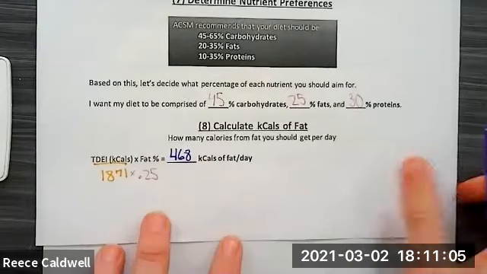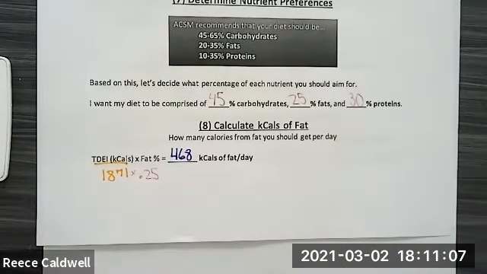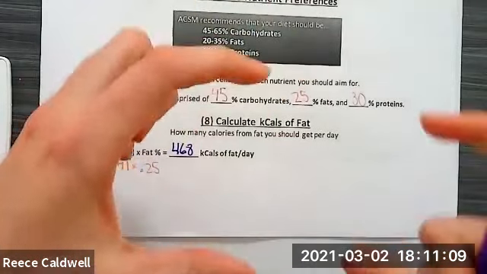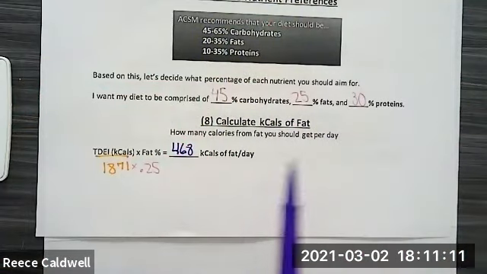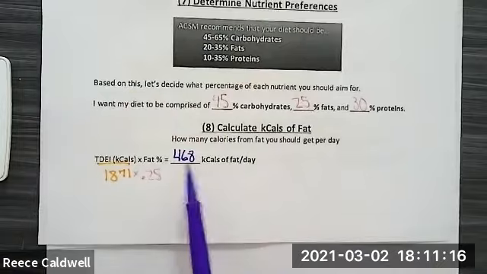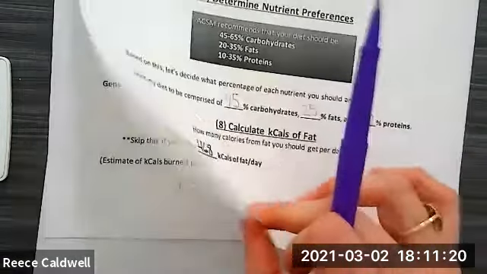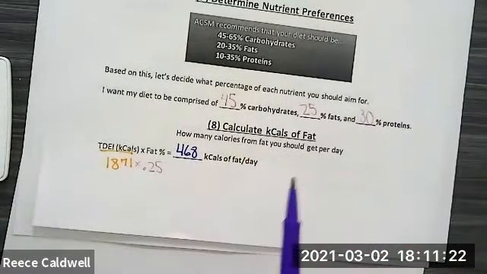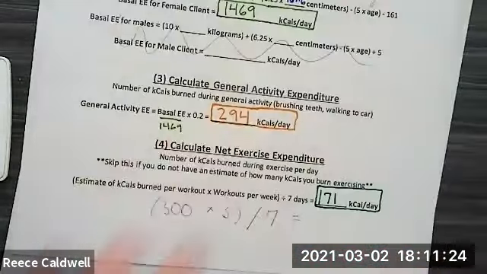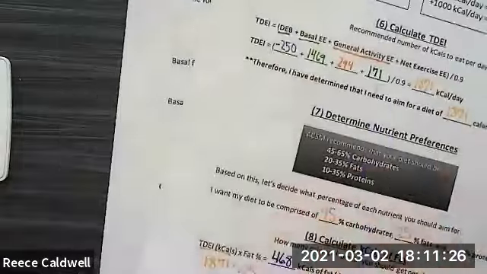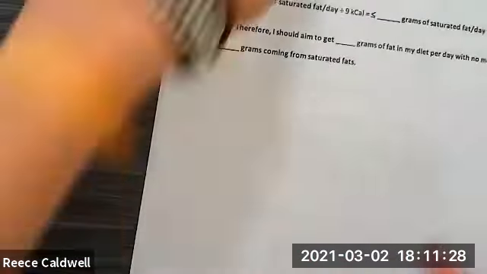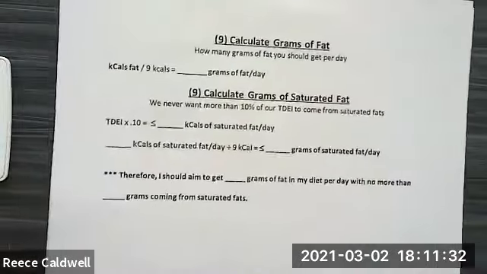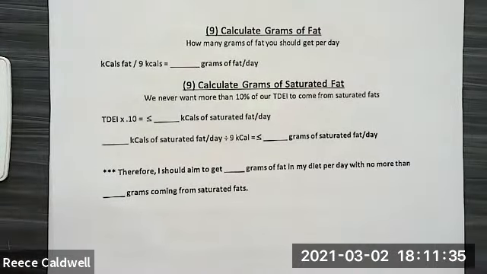However, on your regular nutrition label, and if I had one with me, which I do not, I would show you, on the back where you can see the calories, it normally gives you the grams of carbs, the grams of fats, and the grams of protein. It normally doesn't give you the kcals of fats, carbs, and protein. So we're going to take those kcals of fat and convert them to grams so we can use the nutrition labels on the back of products to really calculate and analyze what we need.